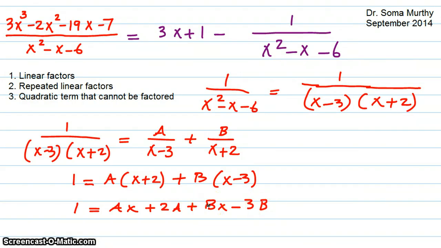Okay, so I can write this as x times A plus B plus I can group the remaining numeric terms, 2A minus 3B.